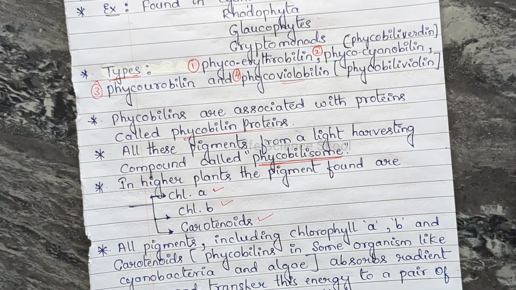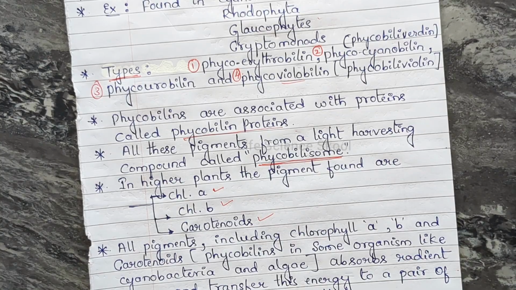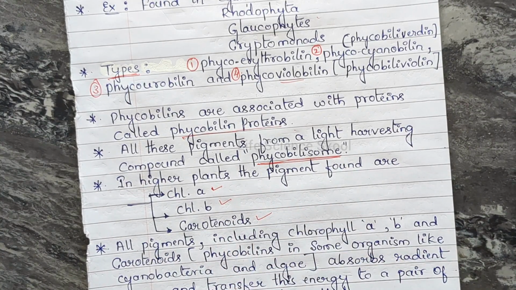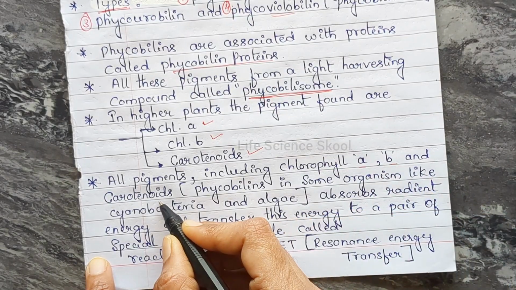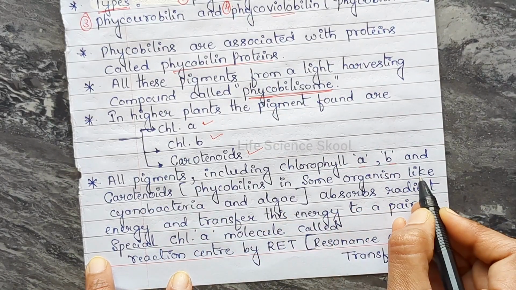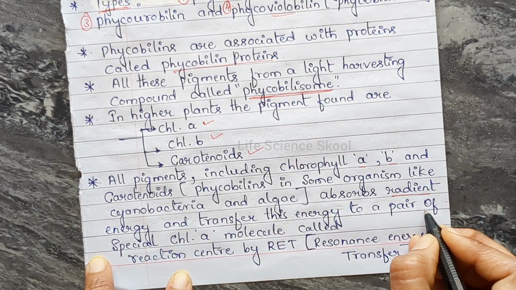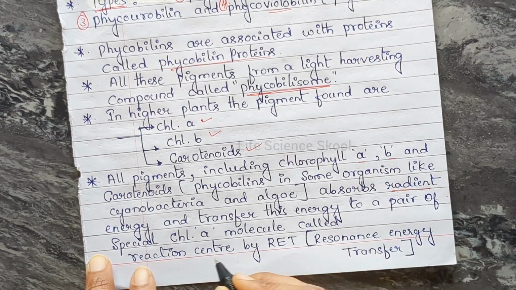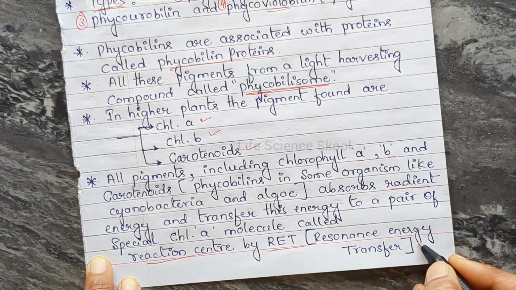In higher plants, phycobilins are usually not present. The pigments found are chlorophyll A, chlorophyll B, and carotenoids. And all pigments, including chlorophyll A, B, and carotenoids, and phycobilins in some organisms like cyanobacteria and algae, absorb the radiant energy and transfer this energy to a pair of special chlorophyll molecules called the reaction center by RET, that is resonance energy transfer.